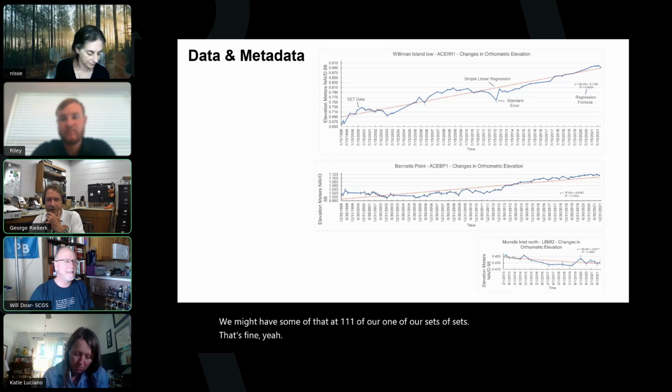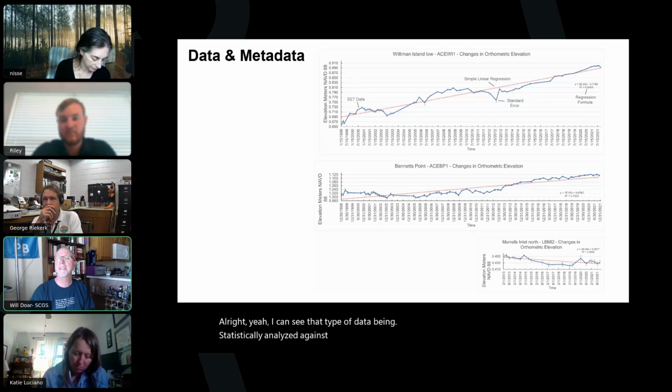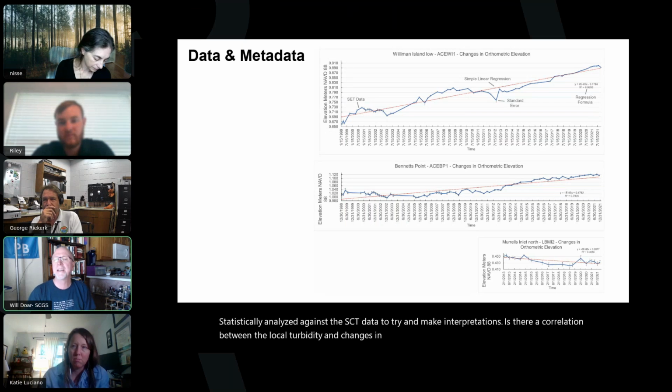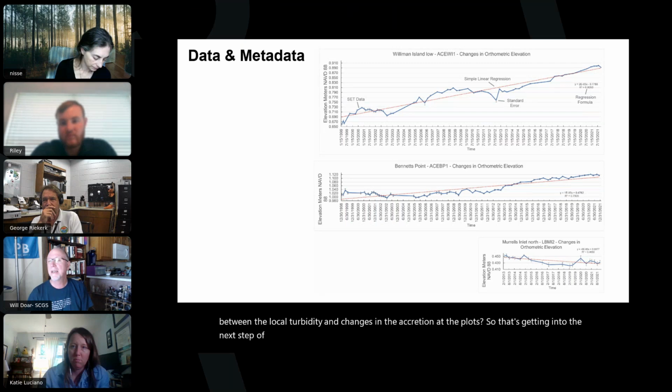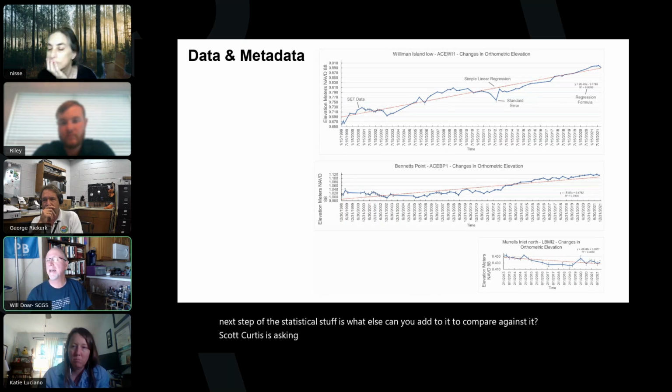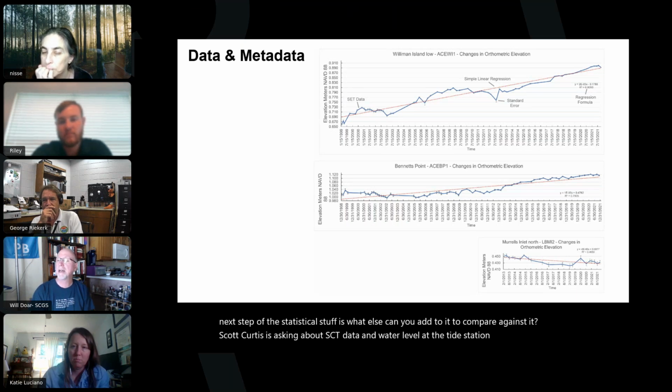All right. I can see that type of data being statistically analyzed against the SET data to try and make interpretations. Is there a correlation between the local turbidity and changes in the accretion at the plots? So that's getting into the next step of the statistical stuff. Is what else can you add to it to compare against it? Scott Curtis is asking about SET data and water level at the tide station on different time intervals.